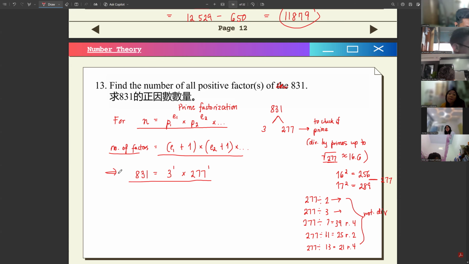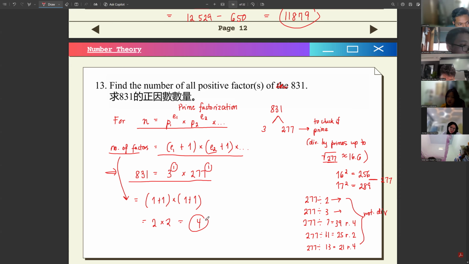For this formula, this is our E1, our exponent 1, so 1 plus 1, times exponent 2, which is also 1, so 1 plus 1. So we just have 2 times 2. That's equal to 4. Okay?